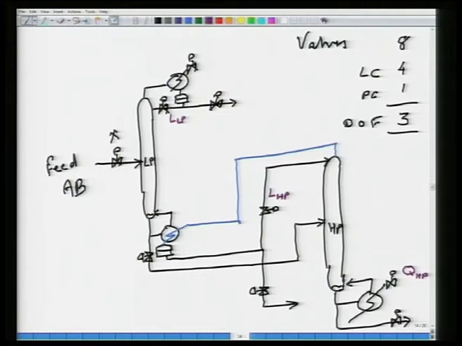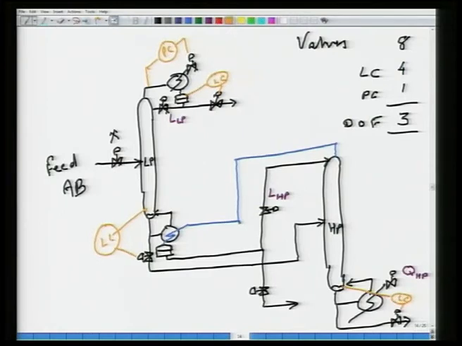So let us draw the control structure, and I will continue to use this, maybe I will use orange this time. So obviously, this is pressure control, this would be level control, this would be level control again, this would be level control.